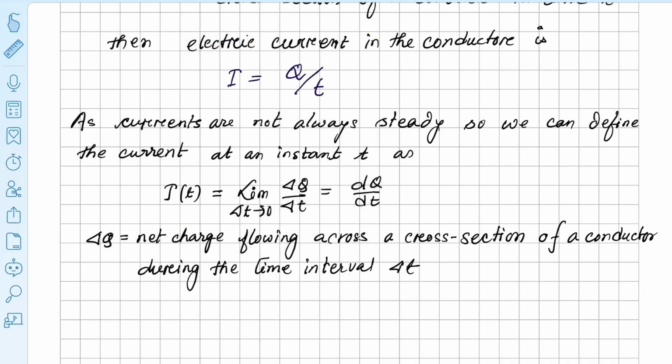So let me highlight this formula. Okay, so hope you have understood this.